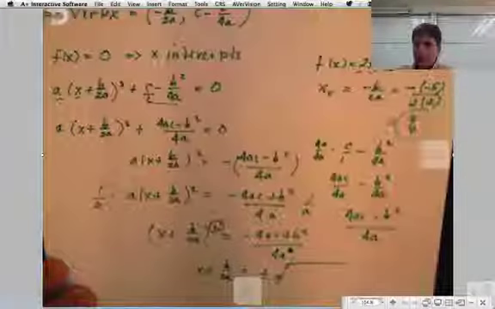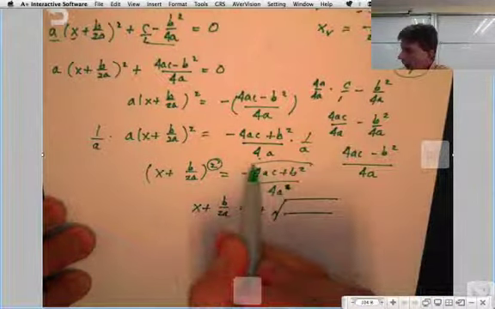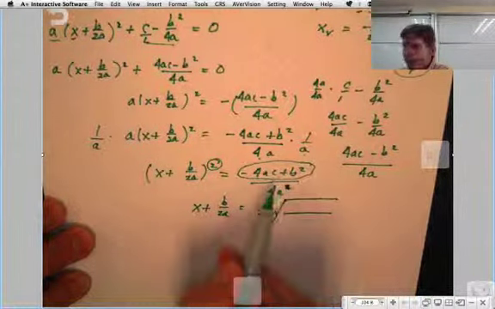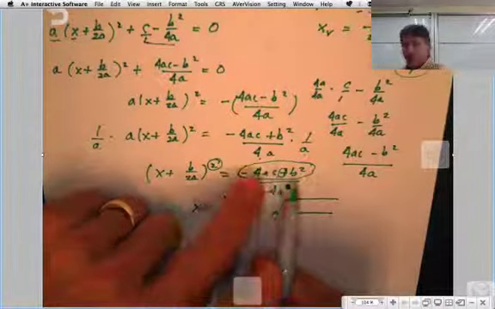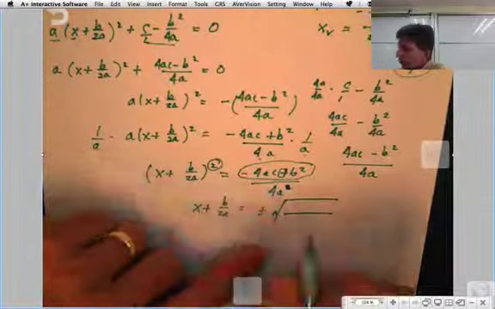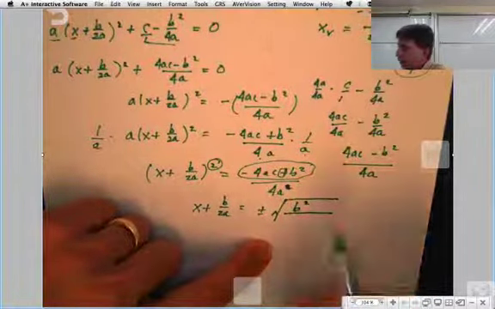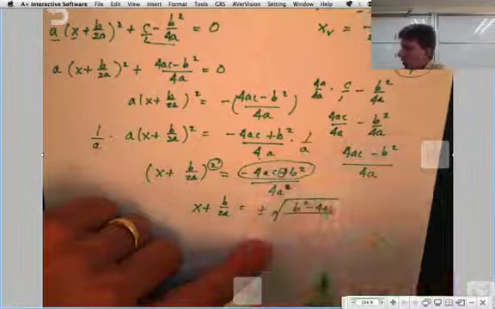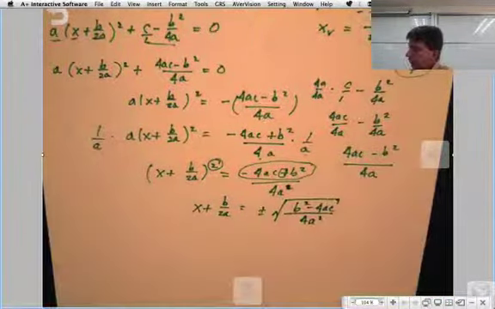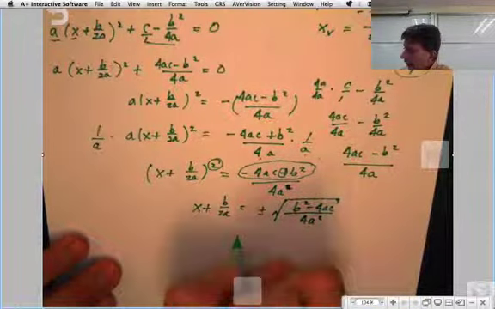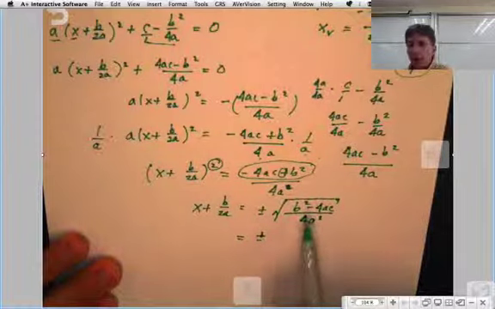Now I'm going to just take a moment here to rewrite this numerator. Remember that addition is commutative, so that means that I can swap these two. I preferred the first one to be positive, so I'm going to write that as a positive b squared minus 4ac. Same thing, all over 4a squared. And then I also recognize that I could square root the numerator and square root the denominator.